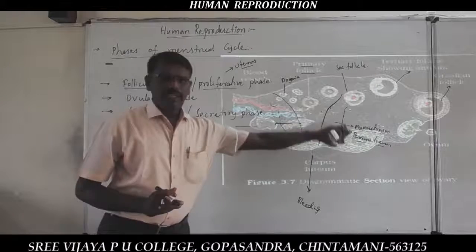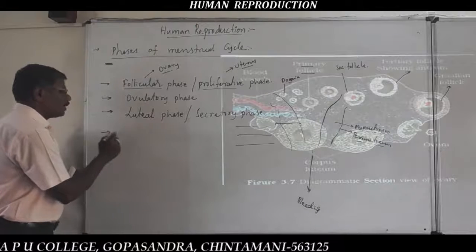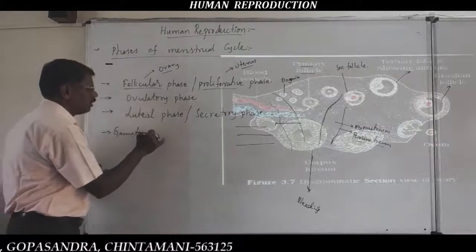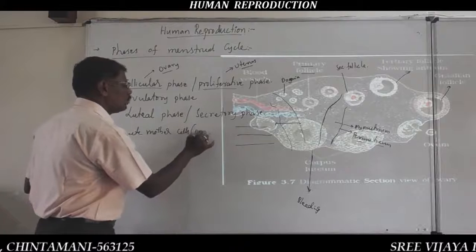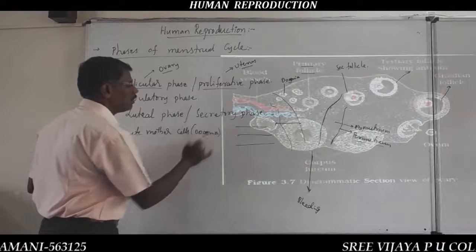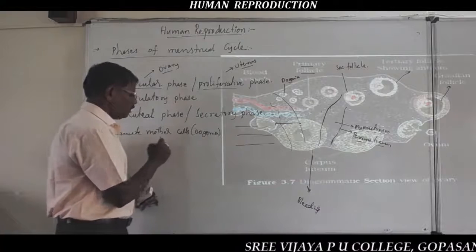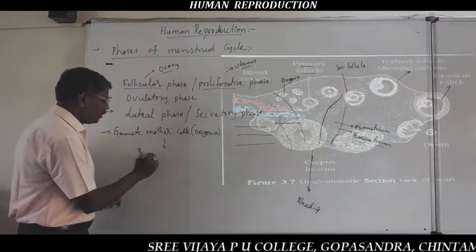So, in the ovary, the gamete mother cell or oogonia develops into the primary follicle.